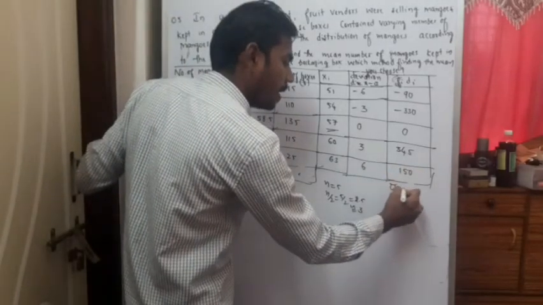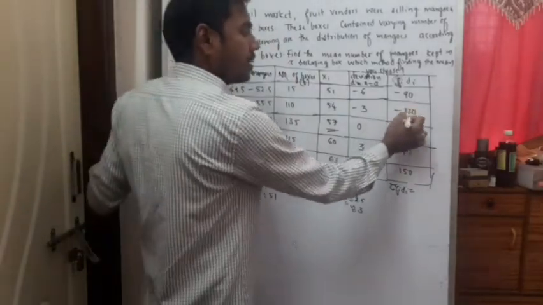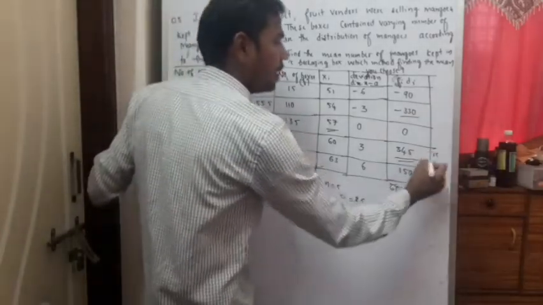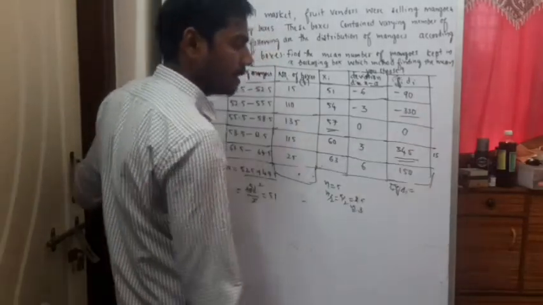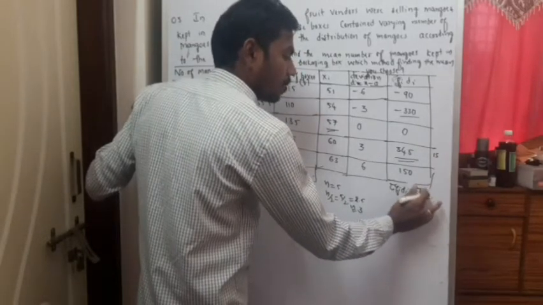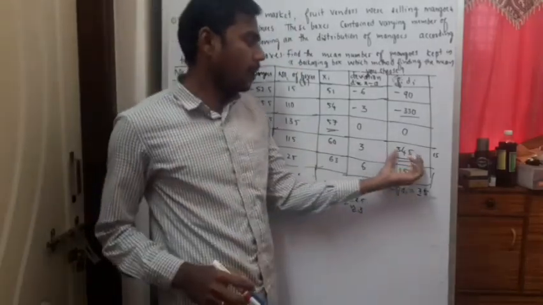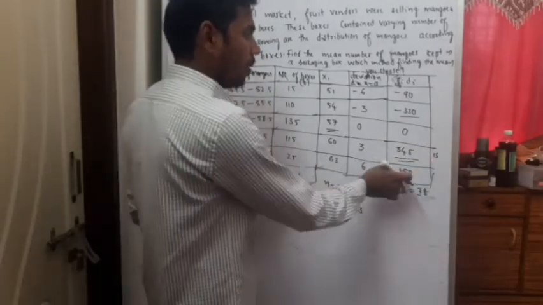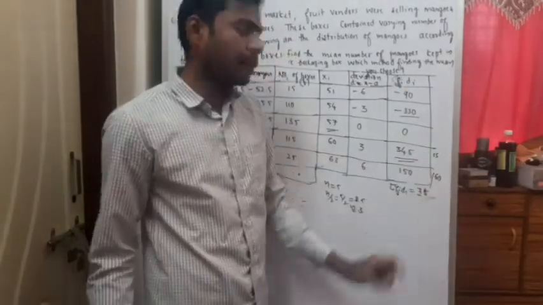So sigma fi di: I have minus 330 and 345. I take the difference, 345 minus 330, which is 15. 150 minus 90 is 60. 60 plus 15 is 75. It is your convenience how you are going to add it.